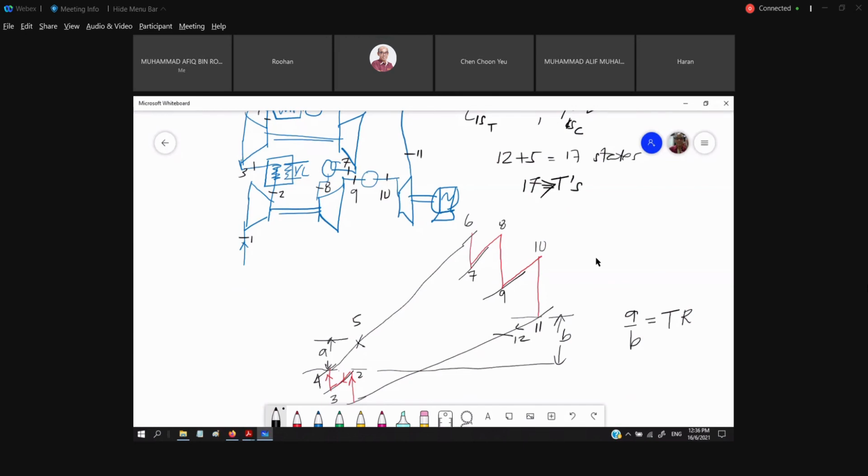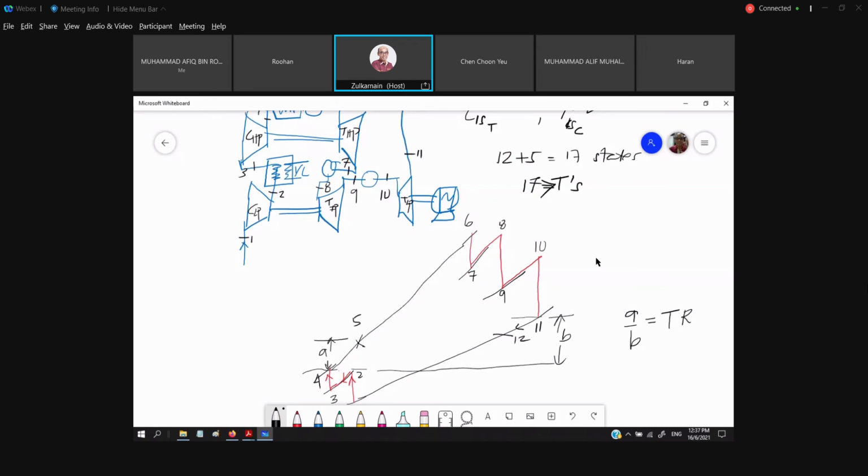So this is our compressor low pressure, compressor high pressure. This is turbine high pressure, this is turbine intermediate pressure, this is turbine low pressure. 6, 7 is high pressure, 8, 9 is the intermediate pressure, 10, 11 is the low pressure.